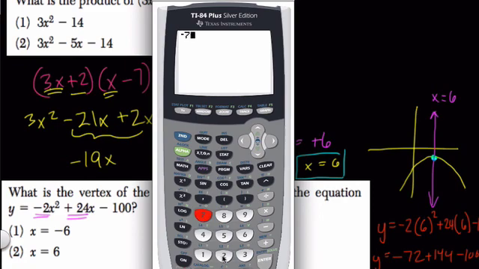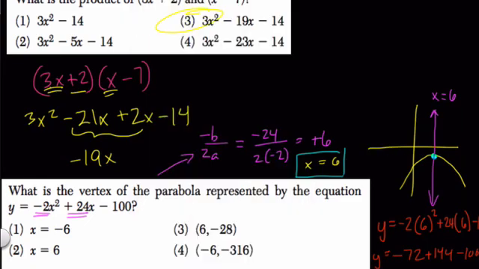Negative 72 plus 144 minus 100. That's negative 28. So our point here is 6, negative 28. All right, maybe it wasn't that bad in my drawing. I guess we could scale that as about negative 28 there.